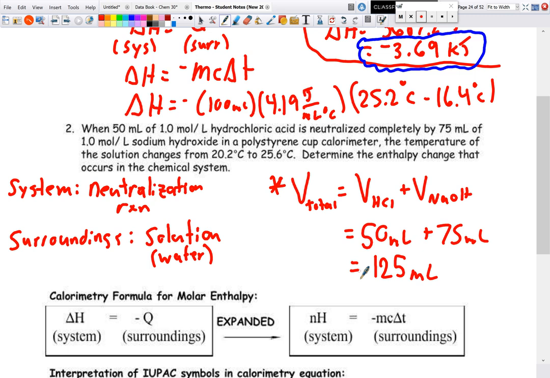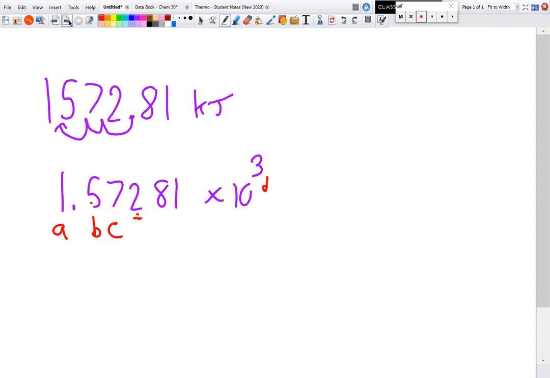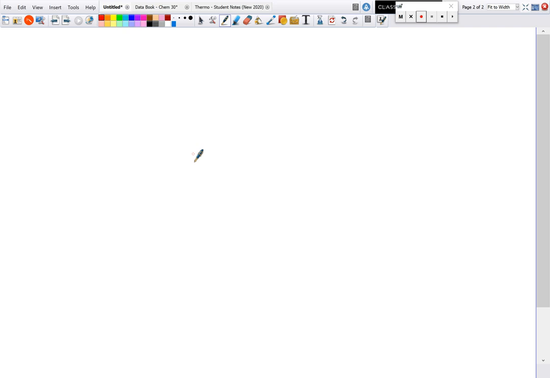So obviously I don't have enough space to finish here, but I will complete that one over here. In the same vein as last time, we start with delta H is equal to negative Q. And we know this is my system, referring to my reaction, and this is from my surroundings.